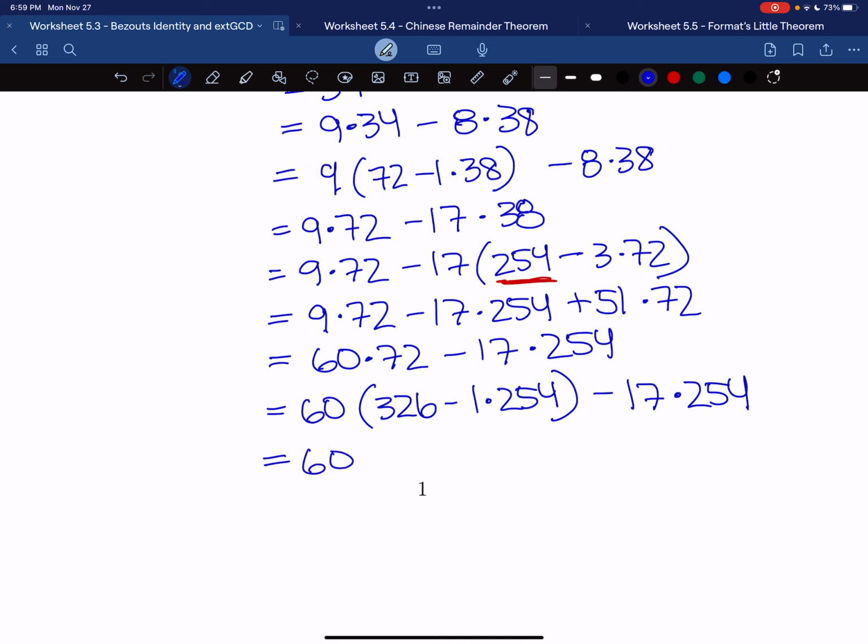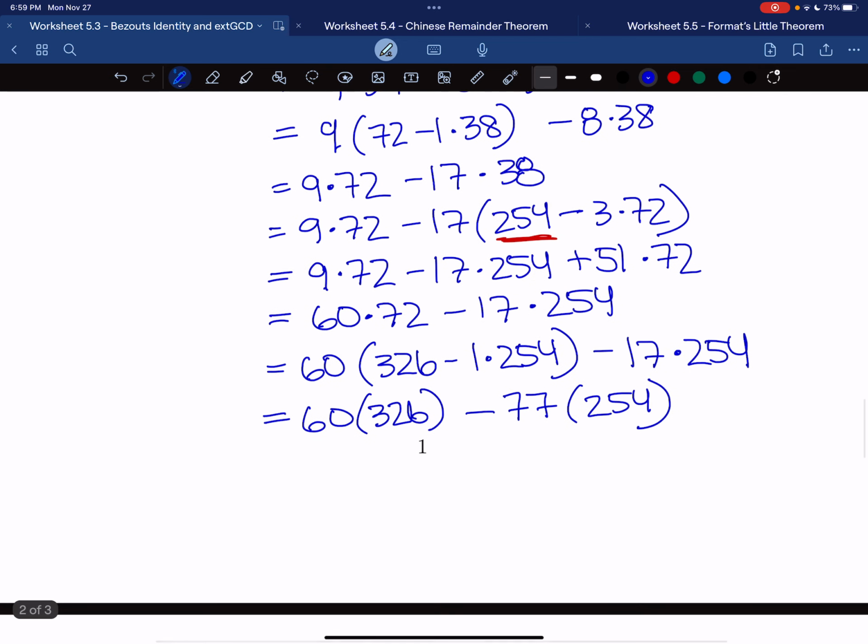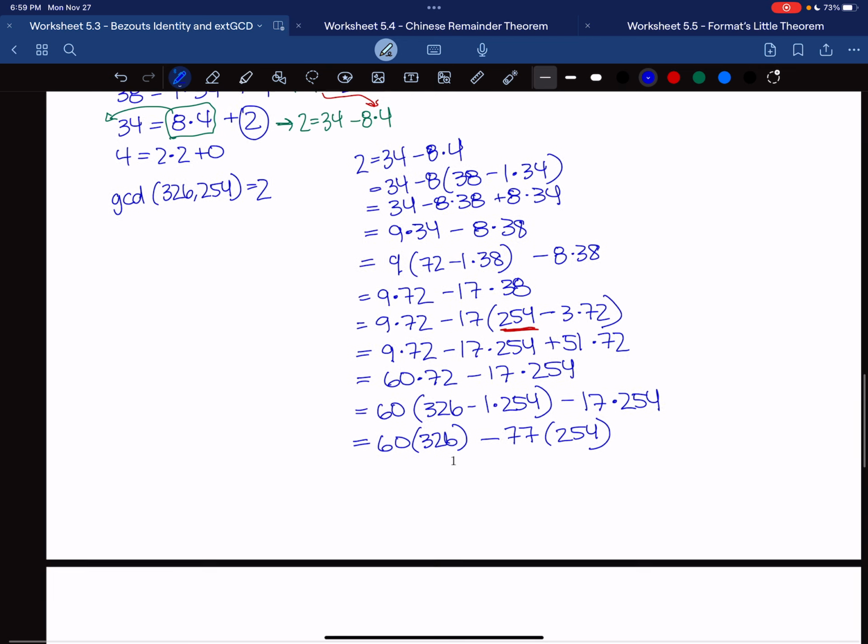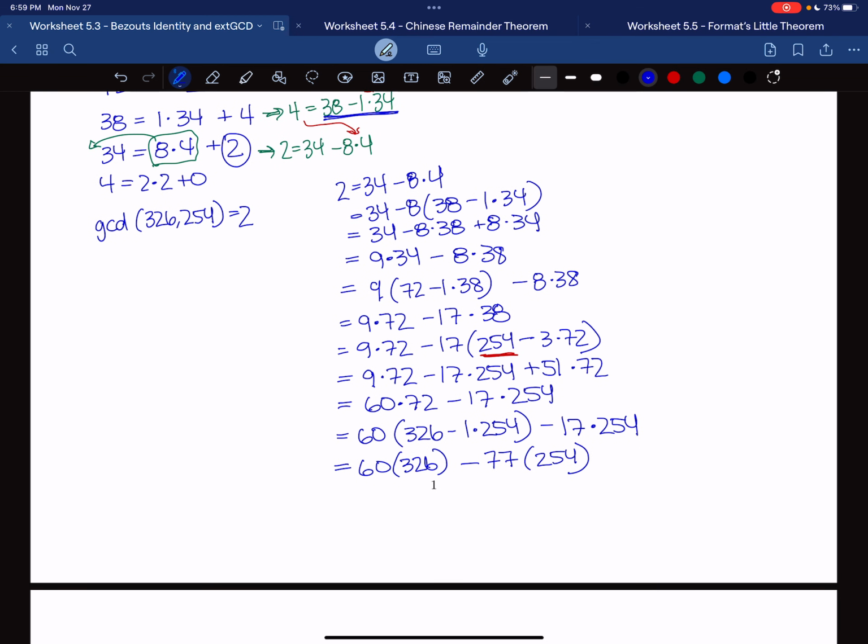So 60 times 326 minus 60 254s and 17 254s, so minus 77 times 254. And all of that is equal to 2. And so Bezout's coefficients in this space, go ahead and highlight them, are 60 and minus 77.